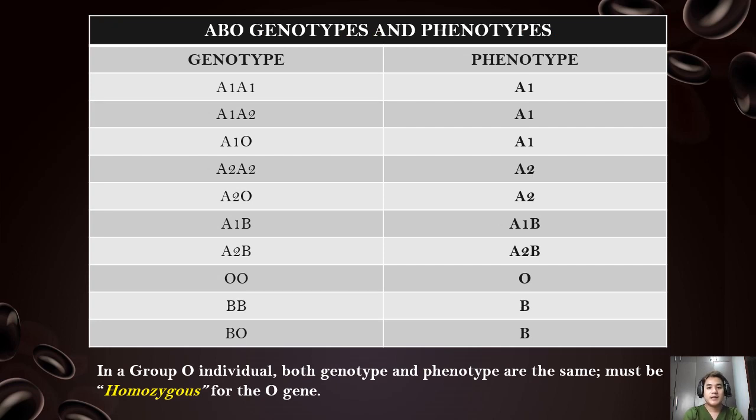So this is a table showing your different ABO genotypes with corresponding phenotypes. As you can notice, in a group of individuals, both genotype and phenotype are the same simply because, as I have mentioned earlier, O is an amorphic and its inheritance is a recessive trait, and therefore must be in a homozygous orientation for the O gene.